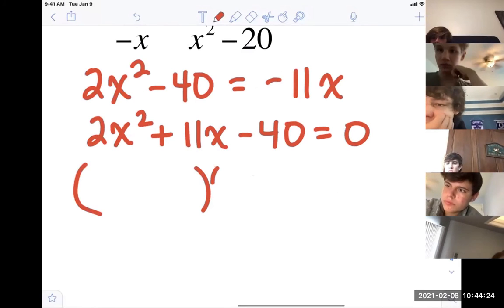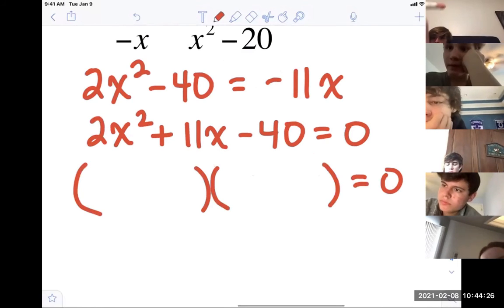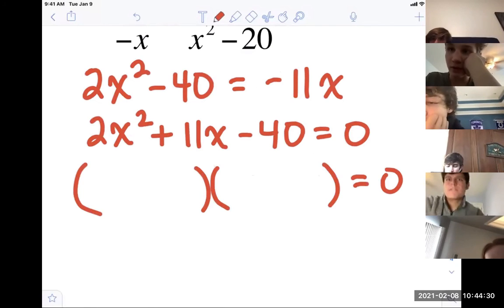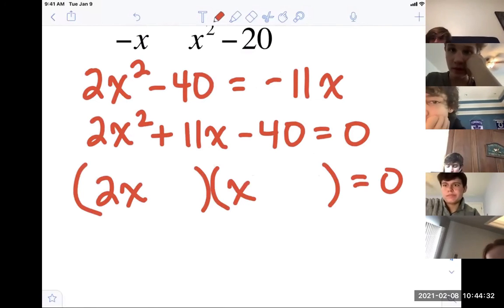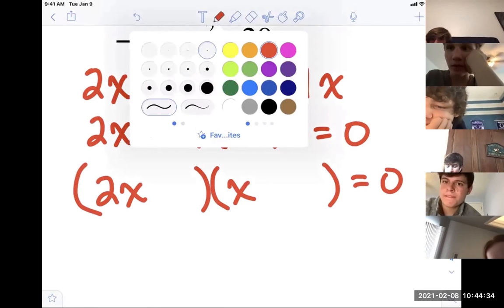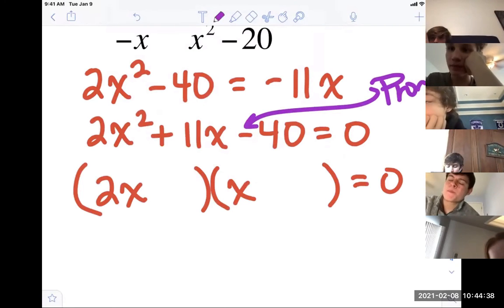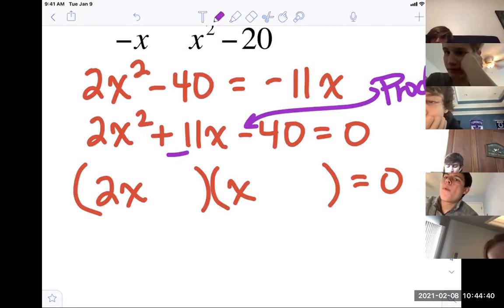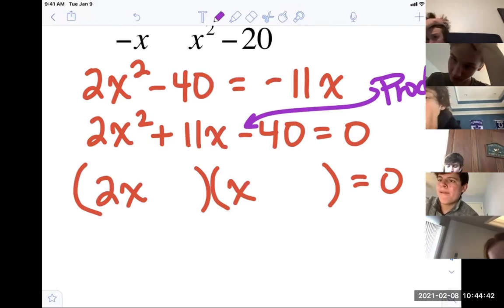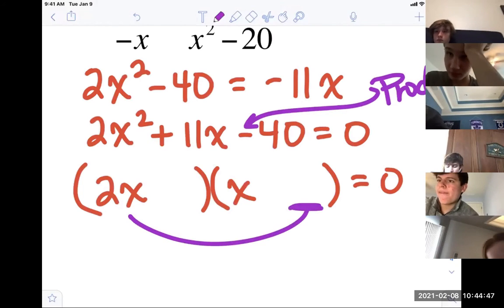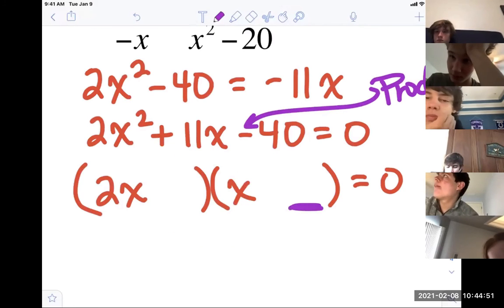And then we're going to figure out how to break this down. Since 2 is prime, we know that we're going to have a 2x and an x. Now, you're still looking for two numbers that will multiply to negative 40, but this time their sum will not be 11 because the number that you put here has to get multiplied by 2 before it gets added to the middle product.